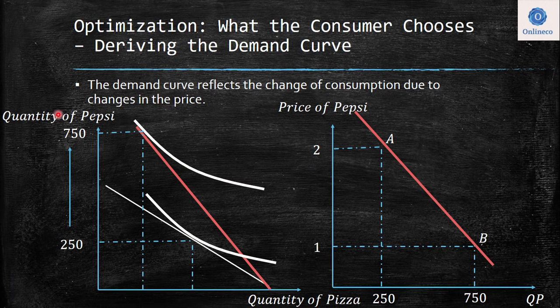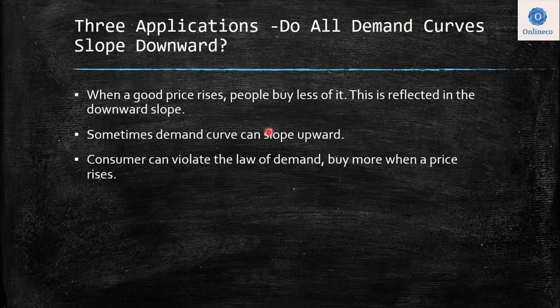So from this situation we can go here. Remember, Y is the price of Pepsi and this is the quantity of Pepsi. We have P and Q. So we can infer from the theory of consumer choice the demand curve.